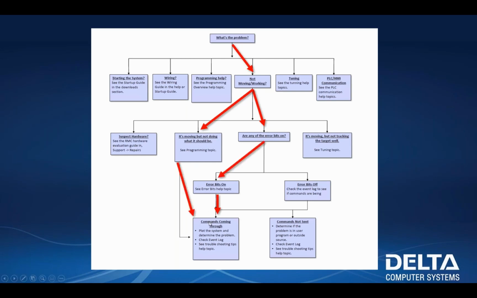Well, both of these go to look at the commands coming through. What is actually coming through here? So plot the system and determine the problem, check the event log, and see troubleshooting tips help topic. So let's see if we can determine how to solve this from plotting the system and checking the event log.